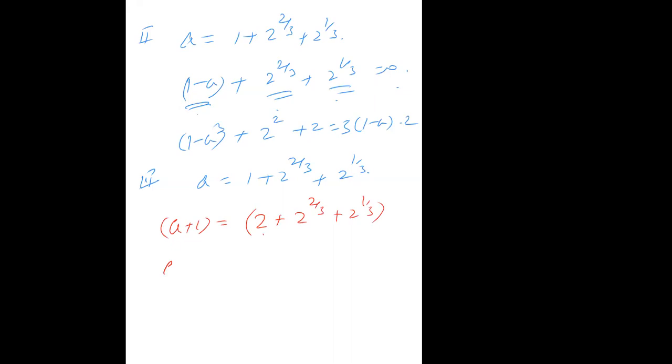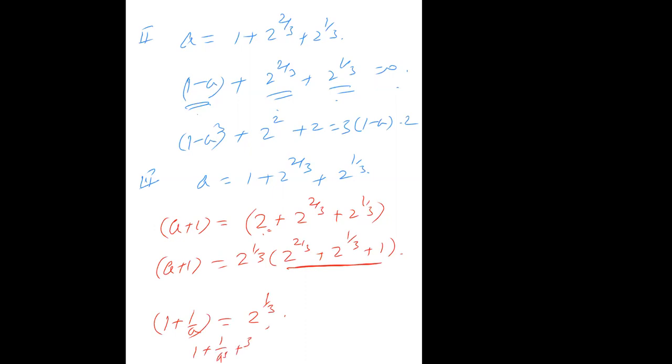And taking out 2 to the power 1 by 3 common, what I'm getting? 2 to the power 1 by 3 from the first one. This is 2 to the power 2 by 3. This will be 2 to the power 1 by 3 and 1. And this is nothing but a only. So dividing by this a, I'm getting 1 plus 1 by a is equal to 2 to the power 1 by 3. Cubing both sides, 1 plus 1 by a cube, 3 by a square, 3 by a is equal to 2, 2 minus 1 is 1. You are getting the answer.